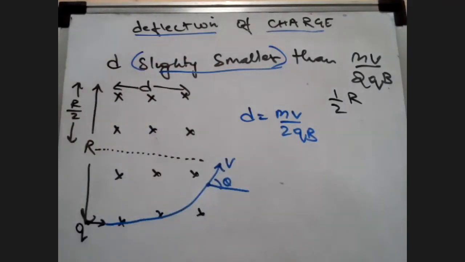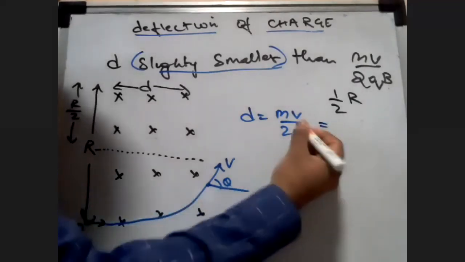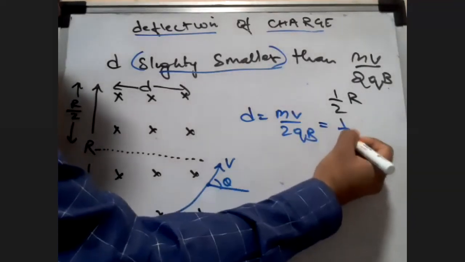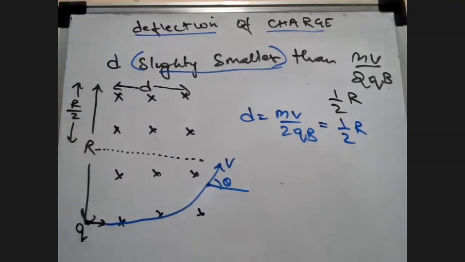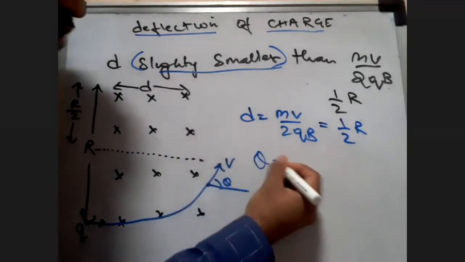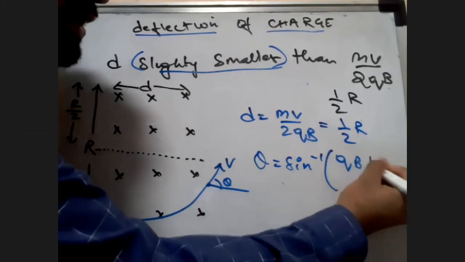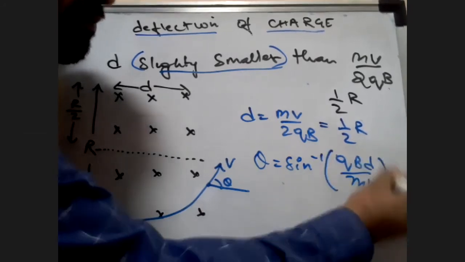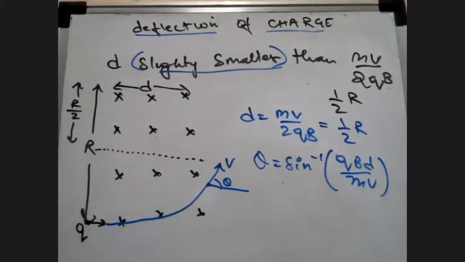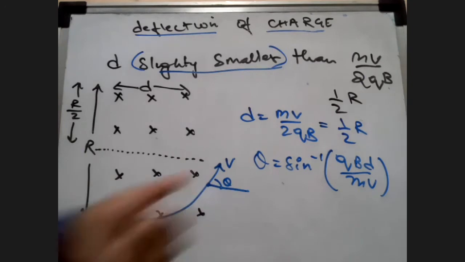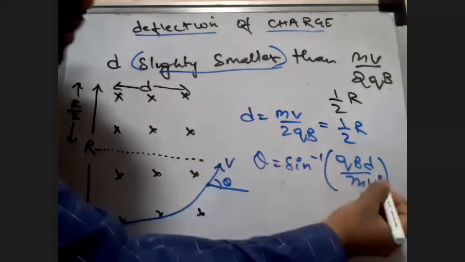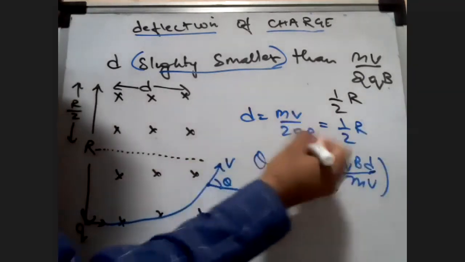So if I know that, I can also say that mv upon qB is what? R. So 1 by 2 times R. Now, we know the formula theta equal to sine inverse of qBd upon mv. Yes or no? d is equal to 1 by 2 times mv upon qB. Apply it in the formula. So instead of d over here, you'll write 1 by 2 times mv upon qB.